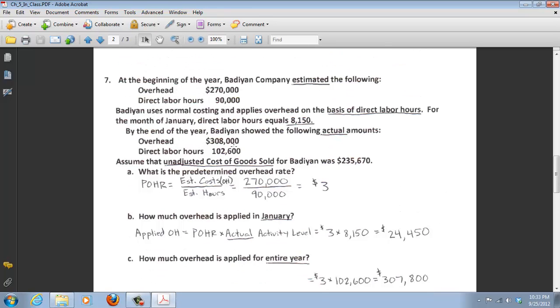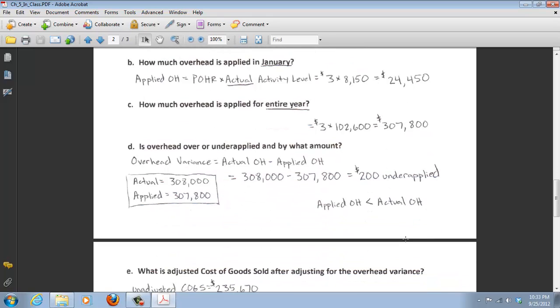And if we look back up to what was given in the problem, the actual overhead is 308,000. So we can take a simple subtraction here, just plug in those values, and we see the difference is $200. And here we've underapplied because the applied overhead is less than the actual overhead. So if you remember, if we had overapplied, then the applied would be greater than the actual overhead.